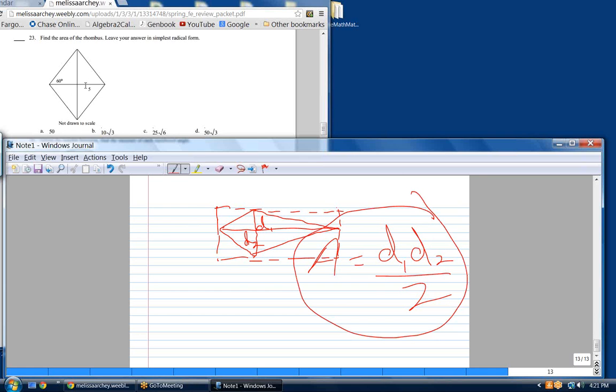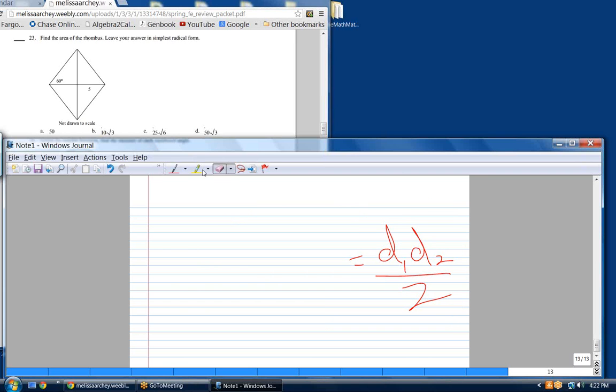The only thing extra special about a rhombus is all four sides are the same, which means the diagonals bisect each other, whereas with a kite, they do not. The only reason I made a kite is because if you can remember the formula for the area of a kite, then you can use it for the rhombus.